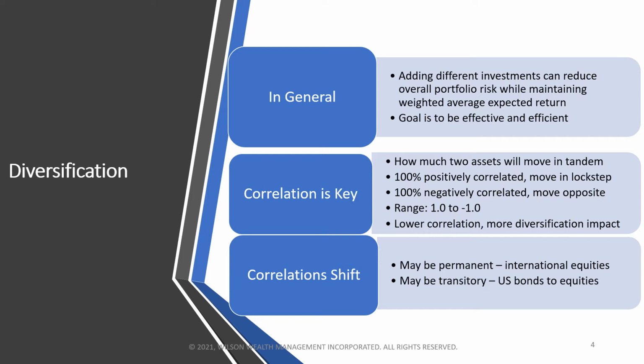We saw how asset correlations are the key concept to diversification. And that's how much two assets will move in tandem. If they're 100% positively correlated, they'll move in lockstep. We discussed two Starbucks kitty-corner in Los Angeles.